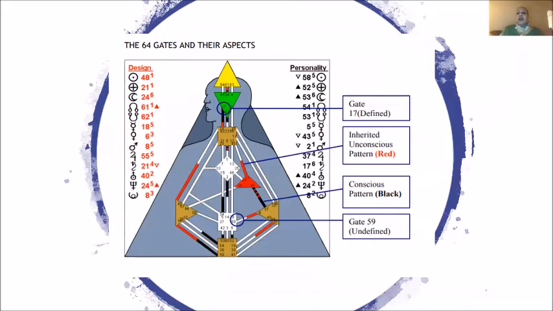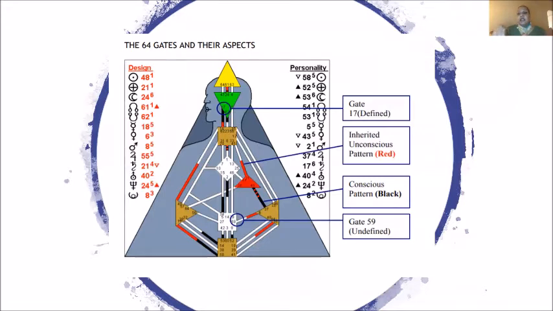When you look at the graph, you can see at the top the gate that's defined, which was gate 17, and then it connects to gate 62, creating that whole channel. You have inherited, which is red only. You see where it's pointing out gate 21 from the will center.